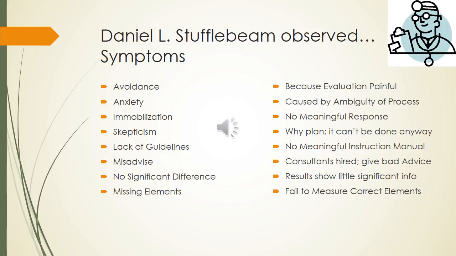And that can be a problem for people who are conducting evaluations or people who are reading the reports of the evaluation, is that we just don't know. And there are people who struggle with not knowing. So these are just some 8 elements that Daniel Stufflebeam has observed in relation to the problems people have with conducting evaluations.